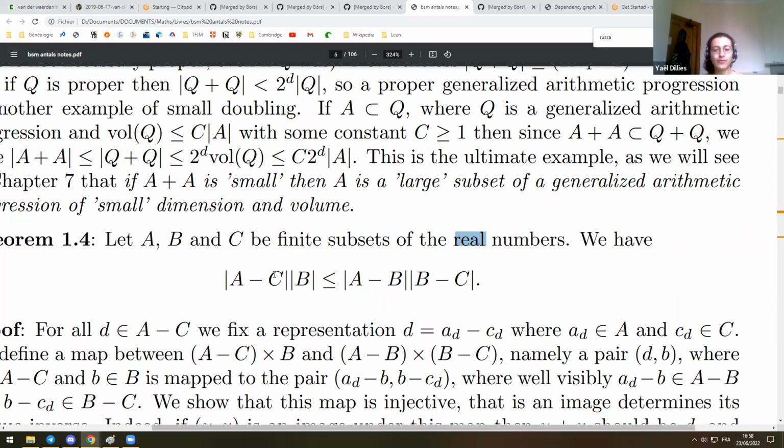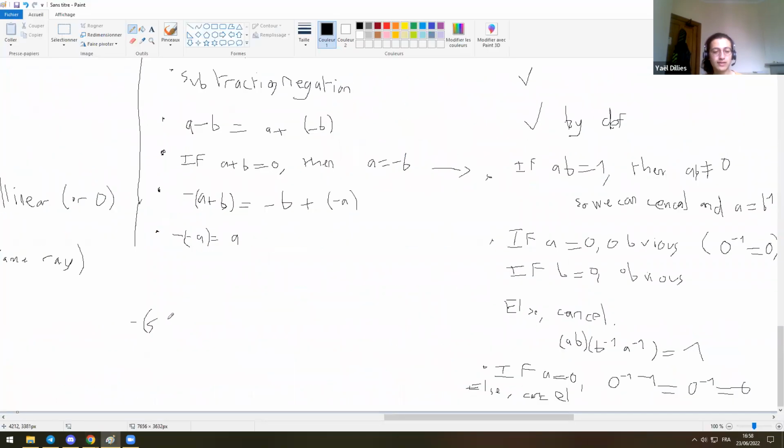It's obvious that if you know this, then you also know that A plus C times B is less than A minus B times B plus C, because I've just replaced C by minus C. But to actually do this, I need to rewrite A minus C as A plus C. And this is a property of additive groups, not a property of monoids. So this actually didn't make sense.